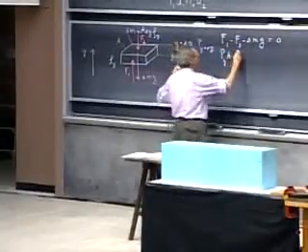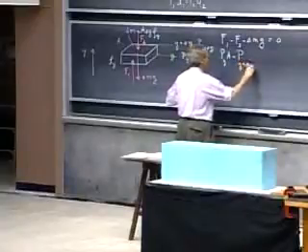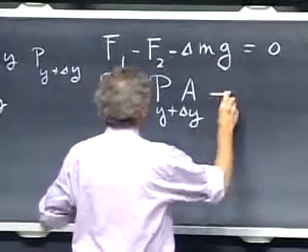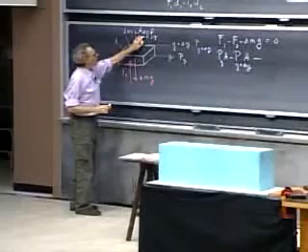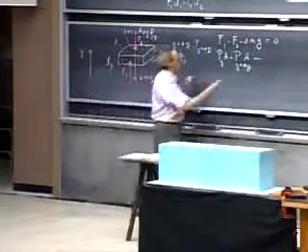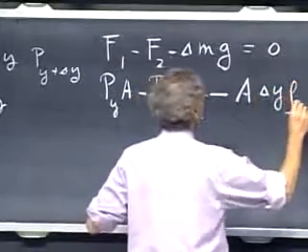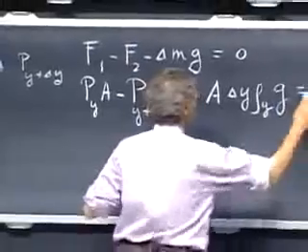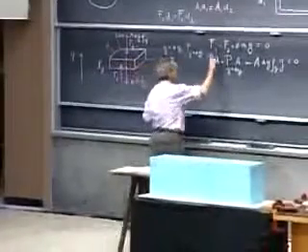And F2 is P at level y plus delta y times the area, minus delta m, which is A delta y times rho, so I get minus A times delta y times rho, which could be a function of y, times g, and that equals 0. Notice I lose my area.